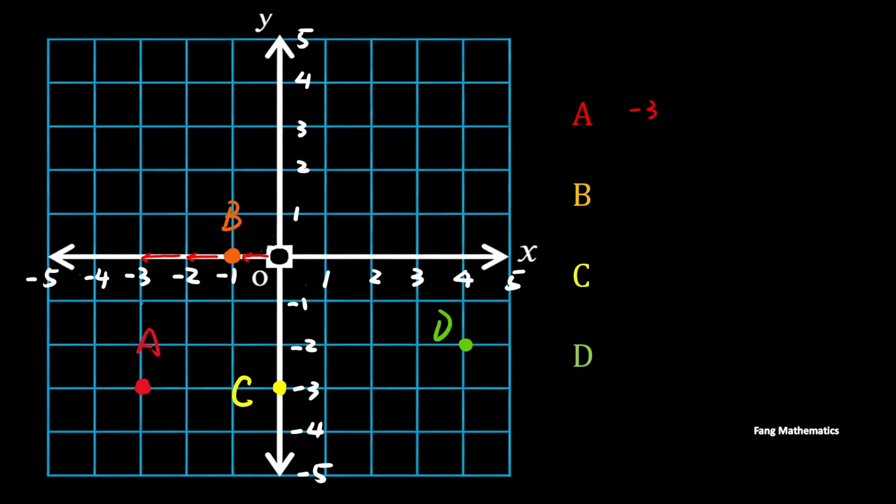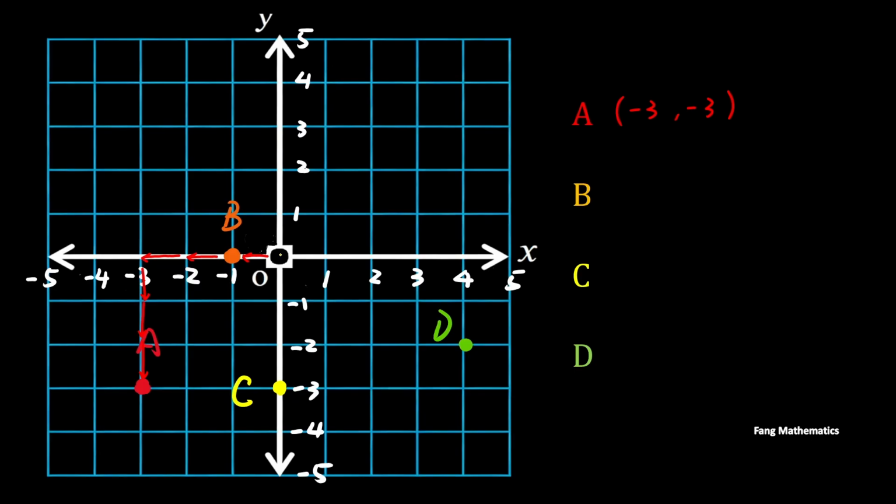Then you move along the y-axis direction by how many units? You can see 1 unit, 2 units, and 3 units. We moved 3 units down the y-axis, and because downwards is the negative direction, we have another -3. So your coordinate for point A is (-3, -3).